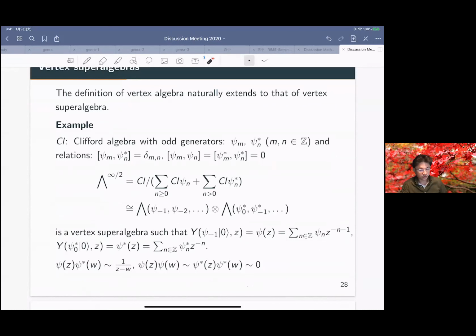Because they're odd, this bracket means the anticommutator. And then you consider this kind of module of this Clifford algebra, generated by a vector |0> satisfying this condition.